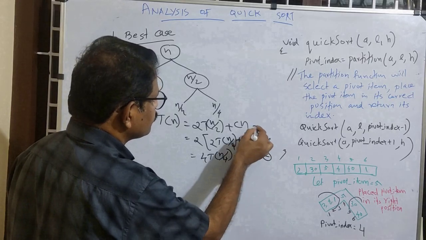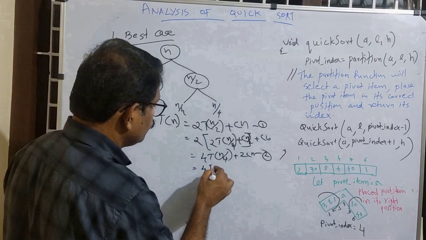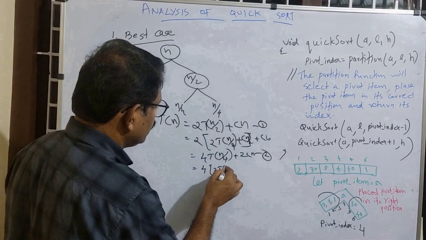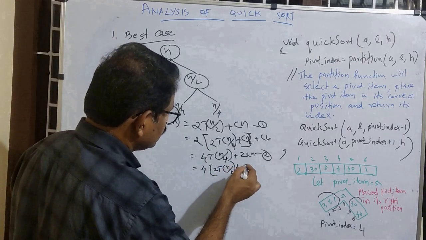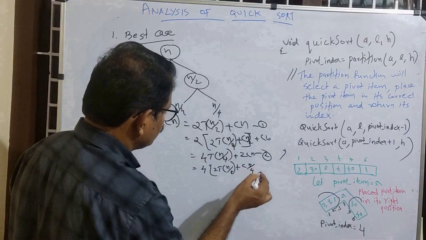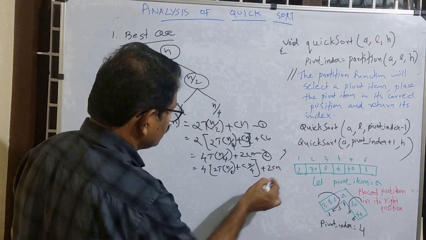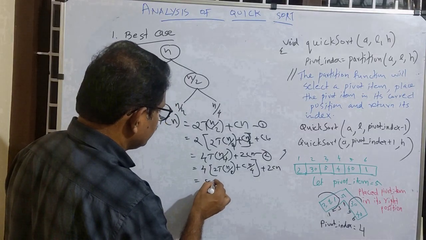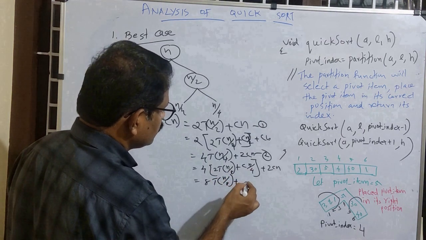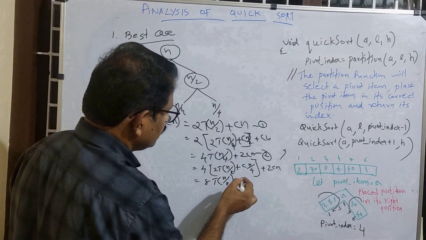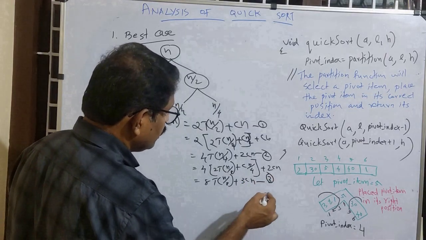This is our second equation, and the earlier one is our first equation. The third equation will be 8T(n by 8) plus Cn plus Cn plus Cn, that is 8T(n by 8) plus 3Cn.